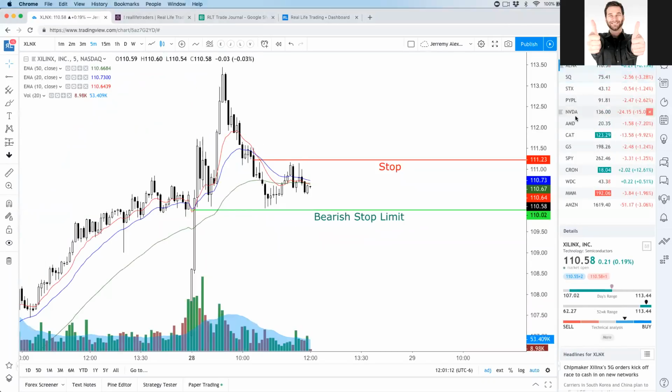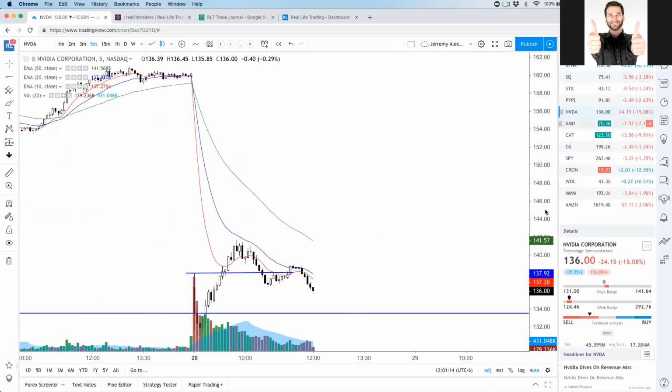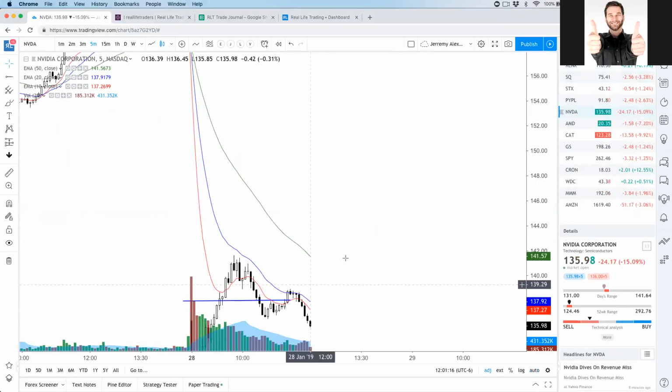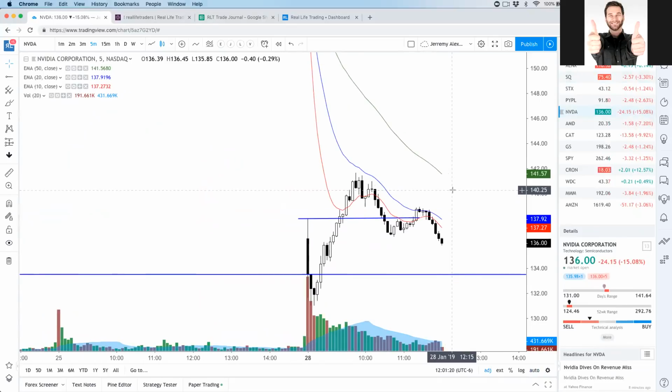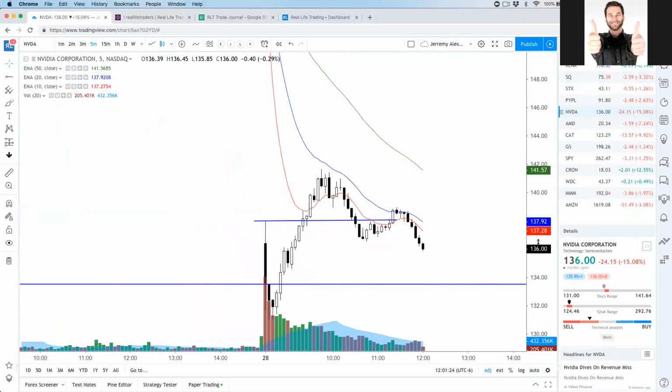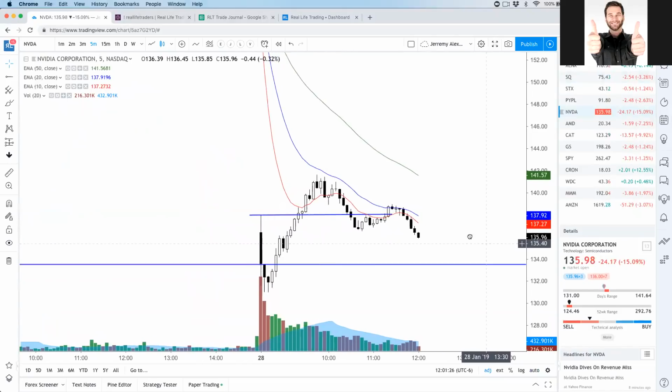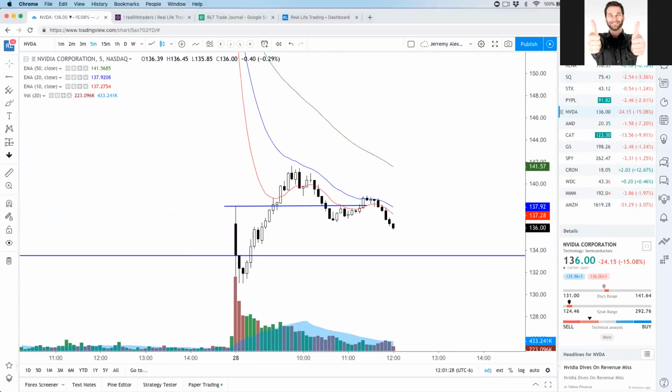XLNX is still open. But on NVIDIA, let me talk about one of my favorite patterns. For those of you who use moving averages, and there's definitely a few of you, I really like it when the stock gets in between the 10 and the 20. So let me write this down.